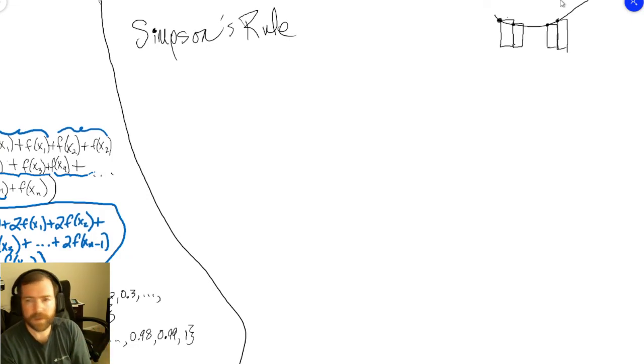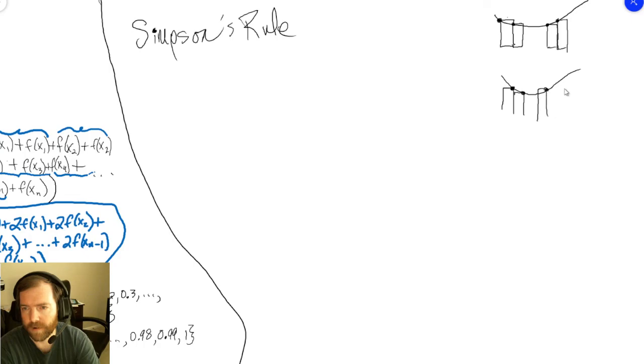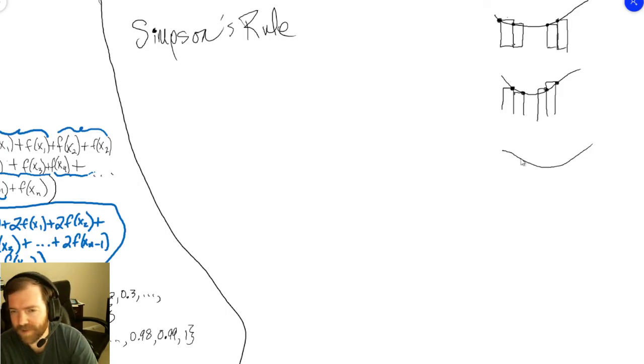If you go with a right, then this ends up doing exactly the opposite. So you're undershooting on a decreasing function, and you're overshooting on an increasing function. And if you do a midpoint, then in each rectangle, you have a little bit that overshoots and a little bit that undershoots, and those cancel each other out nicely as well.